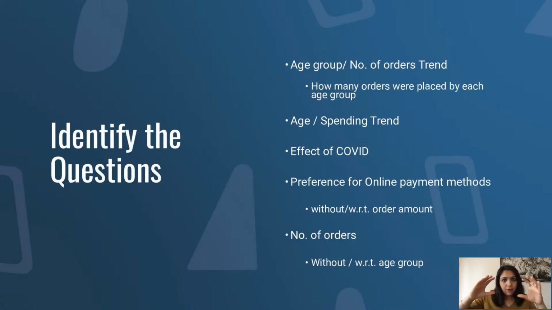So what I'm trying to say here is first you identify the bigger scope, who is your audience for marketing, then to answer the question of who I should target, I need to answer more questions like what is the trend, who is ordering more, who is being affected by COVID, who is making more online payments.